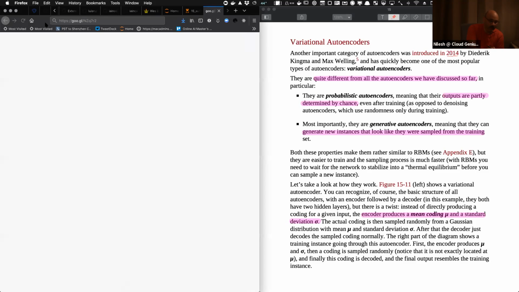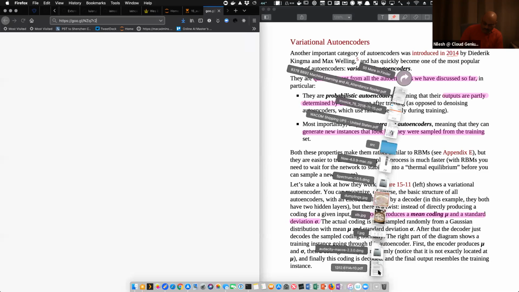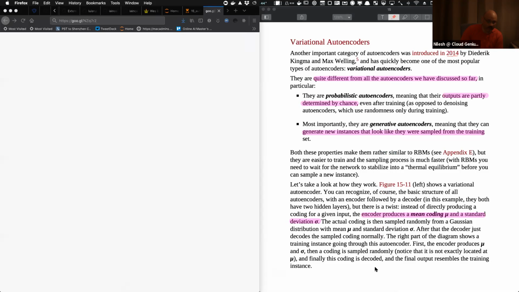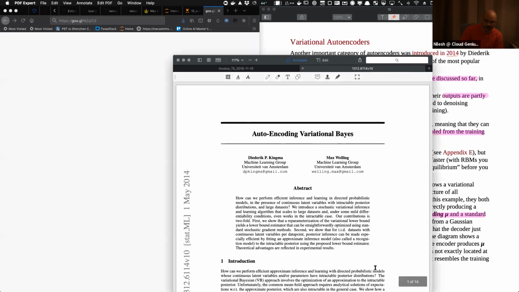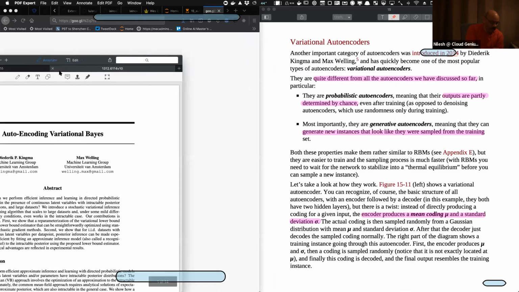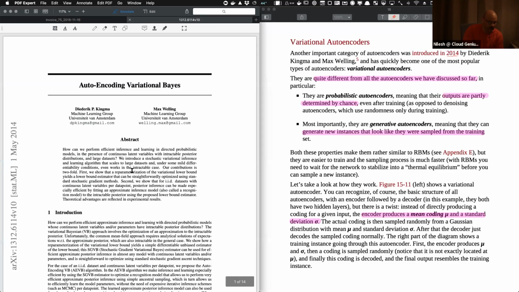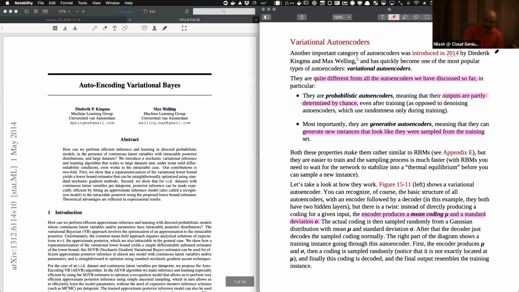And apparently when I click on that, it doesn't seem to open anything here. But actually there is. If you pay attention to the download section, you just saw that I have this thing downloaded, which is the paper published in 2014 by these guys.